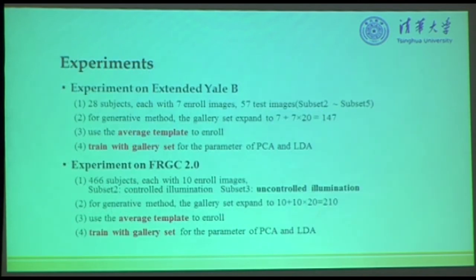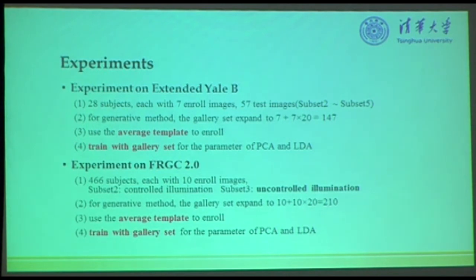And we conduct experiments on both the extended YALE B and the FRGC 2.0. These two databases are different. They both have real illuminations, but the extended YALE B is taken more in the laboratory and is simpler, and the illumination of FRGC is more complicated.